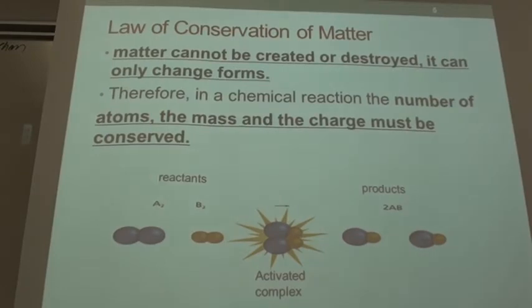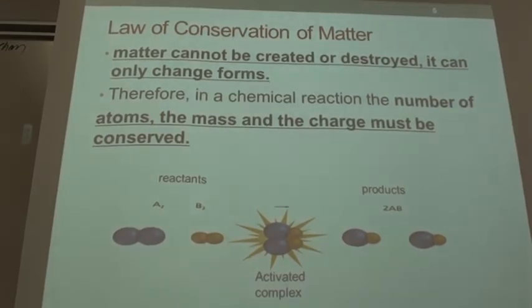Okay. Your little study buddy says the law of conservation of matter. Actually, or energy. We're talking about the law of conservation of matter.